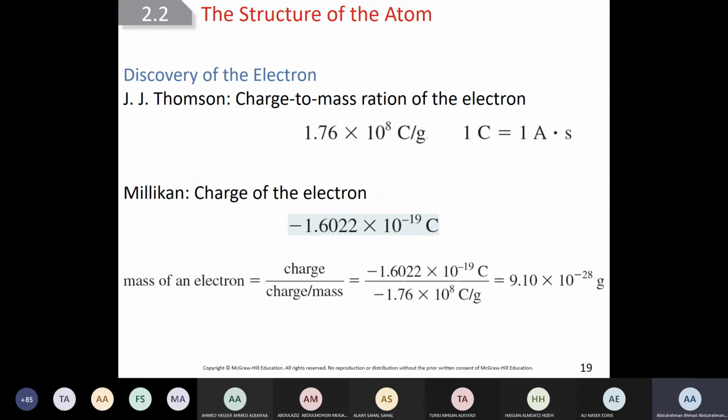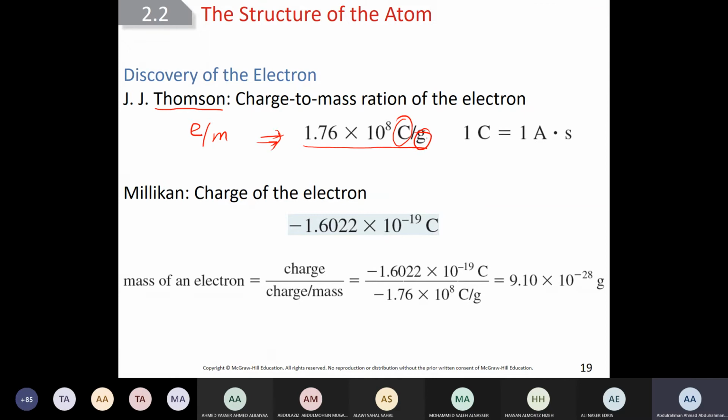Okay, good. So this is the discovery of Thomson, which is the charge to mass. And as I said, don't memorize the number, but you have to know what this number represents. Charge to mass. And that's why the units are Coulomb to gram. All right. And then Millikan was able to find what?